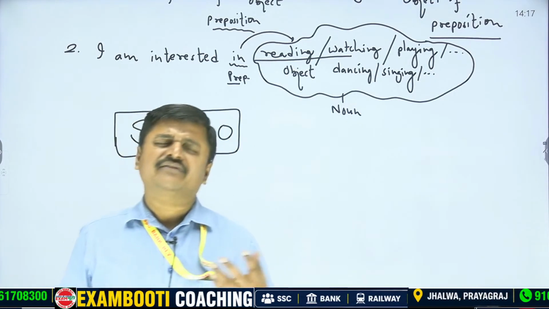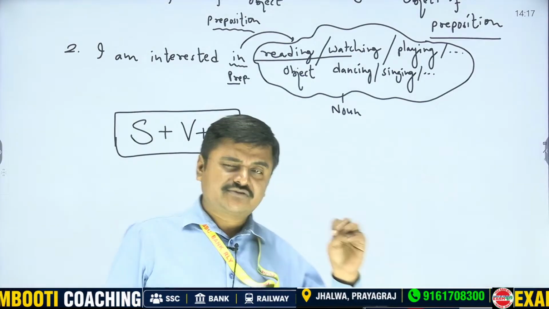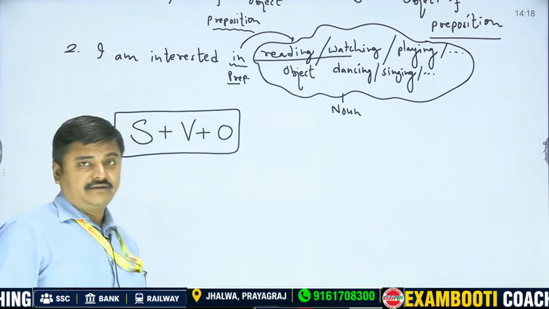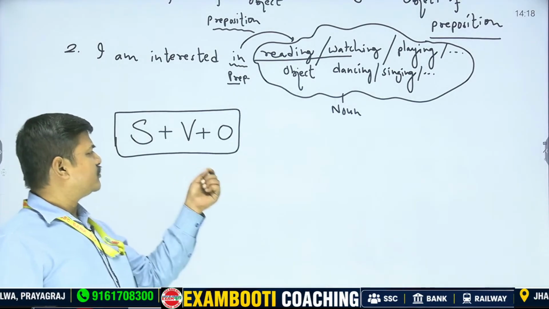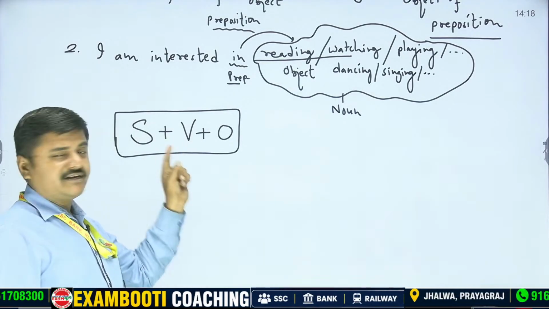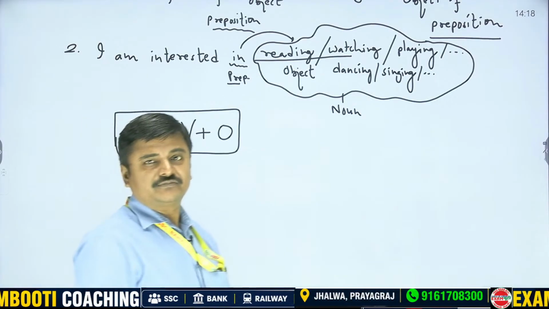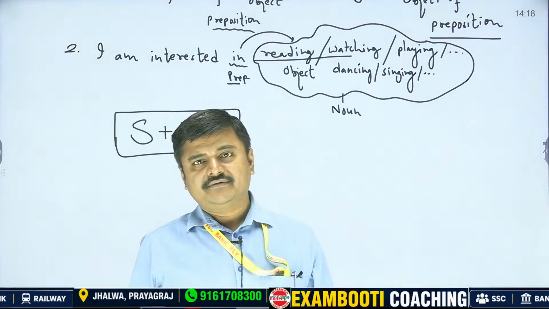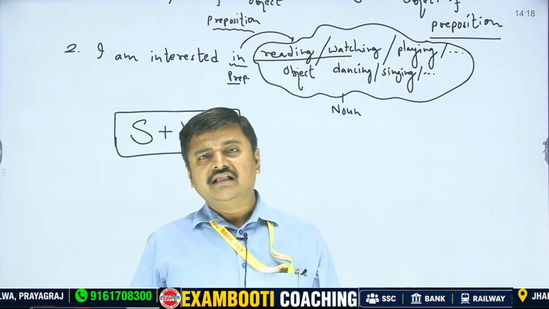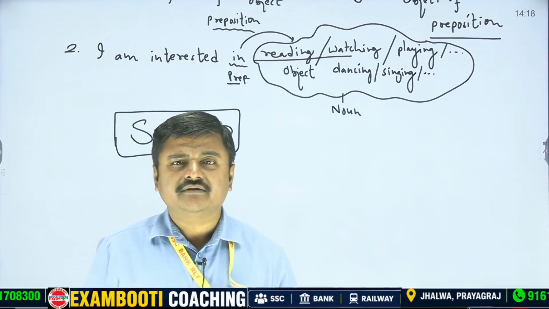Yes, that's right. This is the general structure. Everybody knows that. But it is not a necessary condition that there is an object all the time. So what else can you get after a verb?